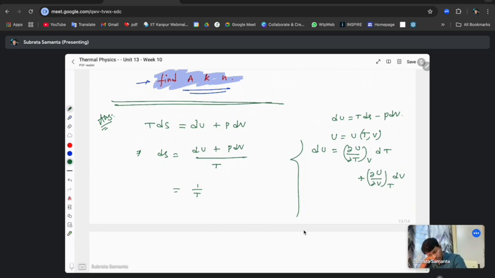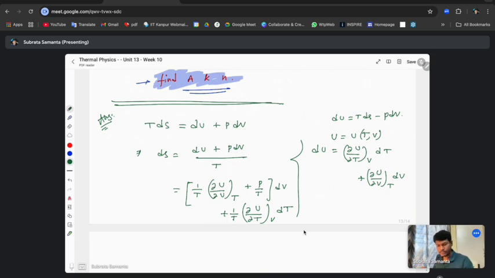So this is 1 over T, du is [(∂u/∂V) at constant T plus P] over T times dV plus 1 over T (∂u/∂T) at constant volume times dT, right? So it is clear.